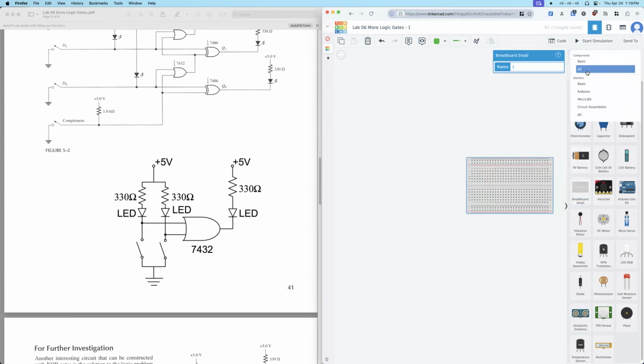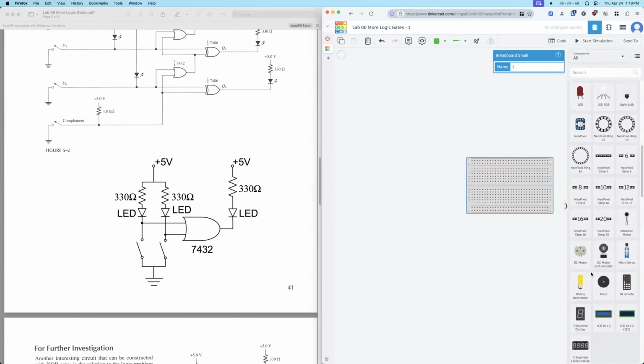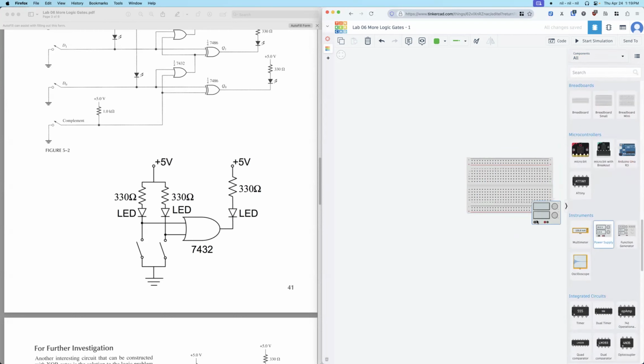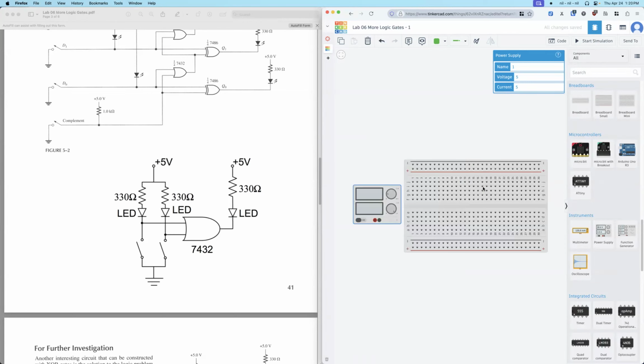Breadboard, then this is not function generator, we just need a power. So this is the DC voltage source. Then zoom out a little bit.